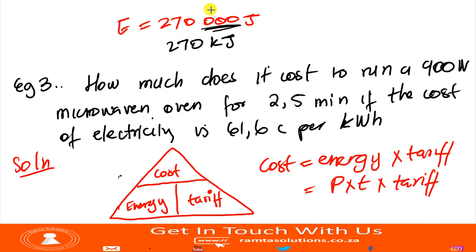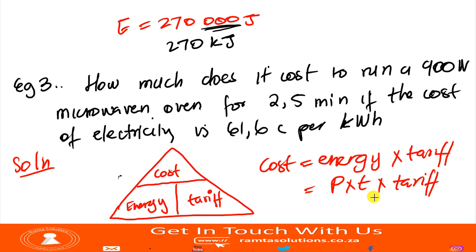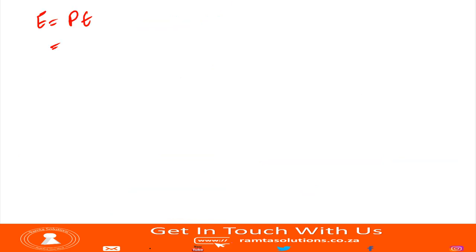Okay, so let's get our energy. Energy is PT, and be careful, you must get it in kilowatt hour. So what will this be? This will be 900 watts. Power is 900 watts.